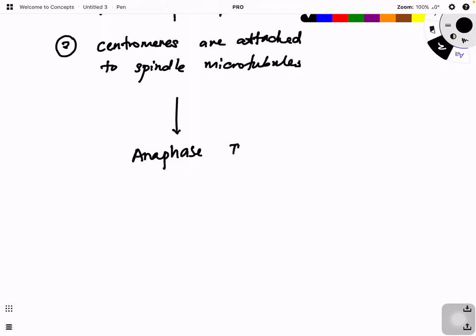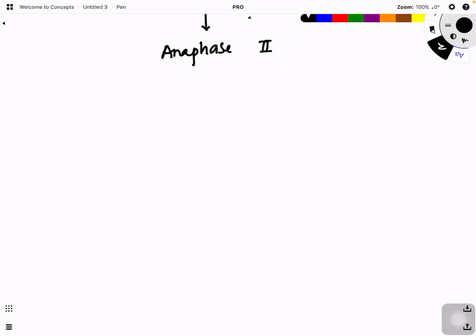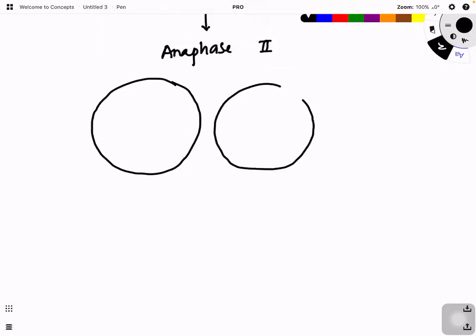Now, anaphase 2, you guys need to remember. In this case, you can see the cells change because of the shortening of the spindle microtubule.